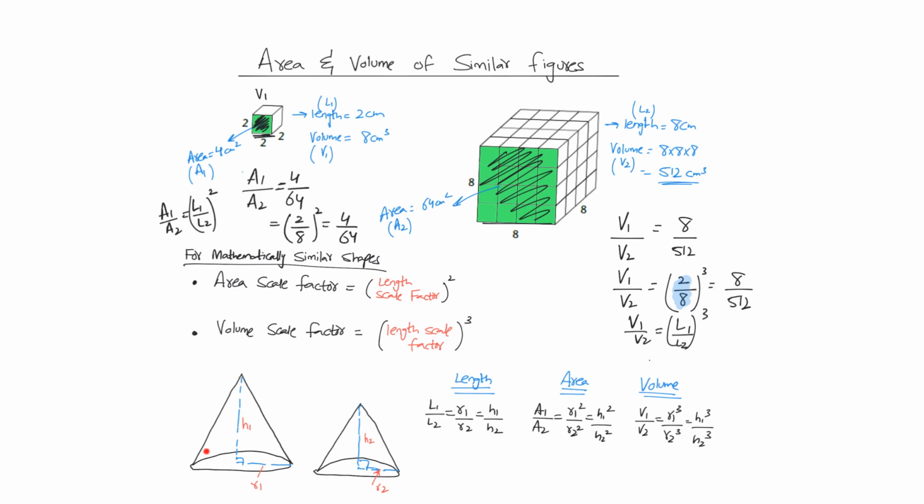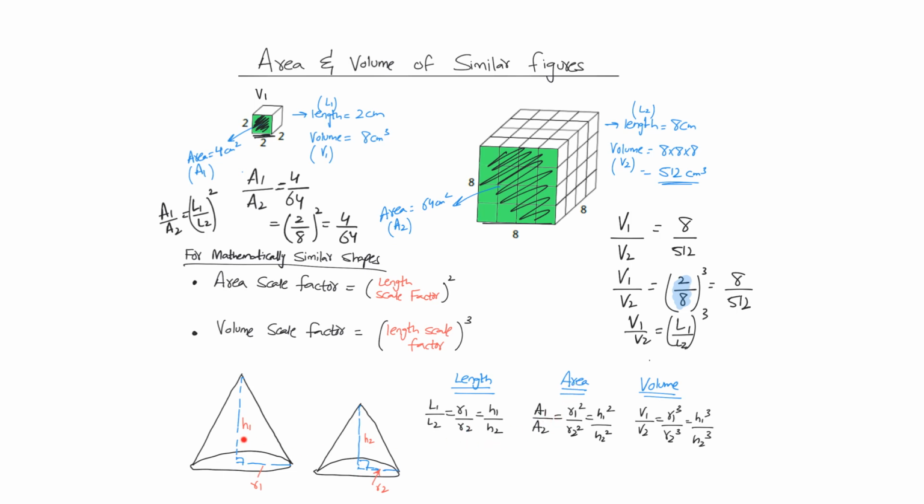Now let us take another example, this time of a cone. These two cones are geometrically similar. So if these two cones are similar, then as for the length, the ratio of the heights h1 over h2 must be equal to the ratio of the radii r1 over r2.